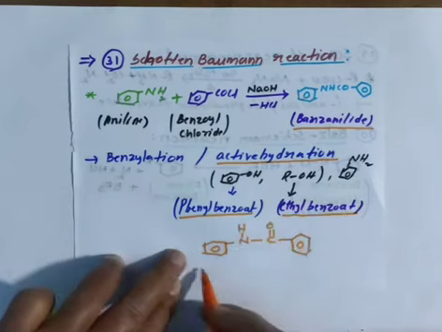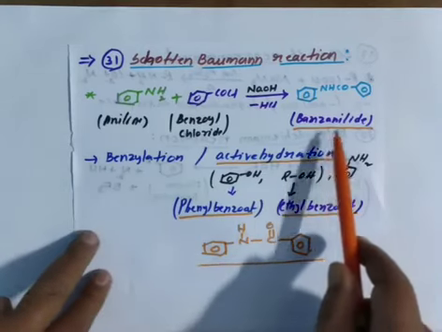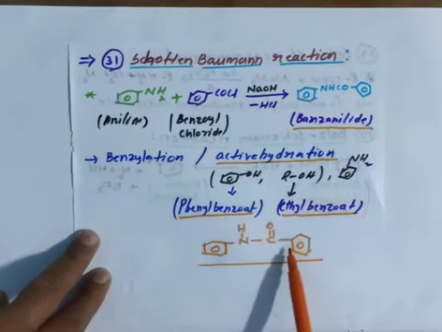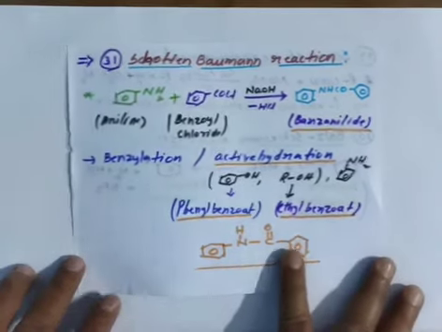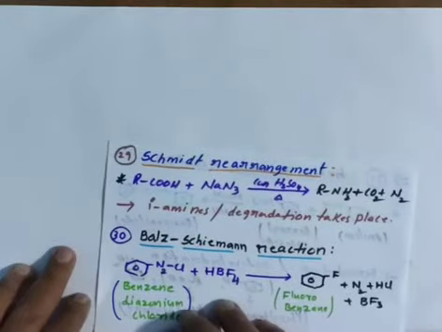This is what we call benzanilide. That is the Schotten-Baumann reaction, where benzoyl chloride is converted to benzanilide in the presence of aniline.